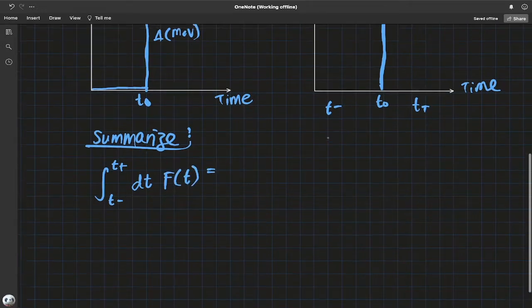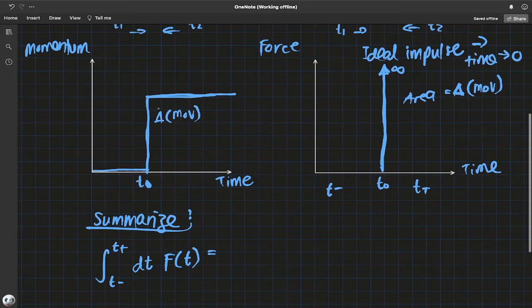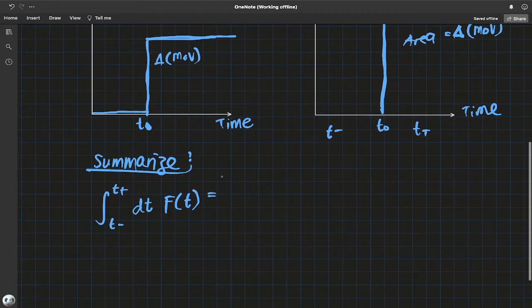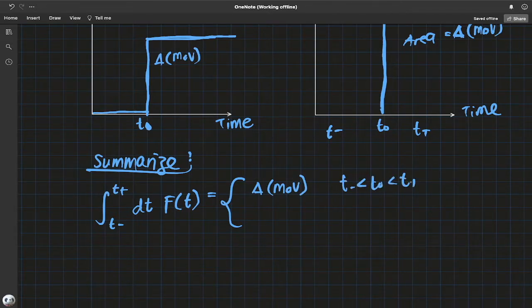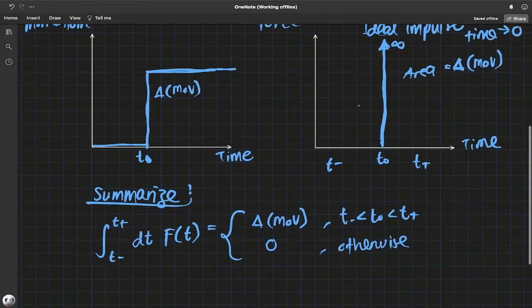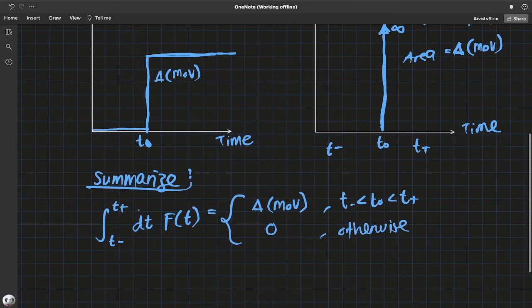We want that, because of the physical significance of what's going on in the case of an ideal impulse, to be delta m naught v if t0 is included in this range, and 0 otherwise. If t0 is not a point in the domain, or whatever range, it does not even have to be the domain, it can be a subset of the domain. If t0 is not in that subset, it's all going to be 0, right?